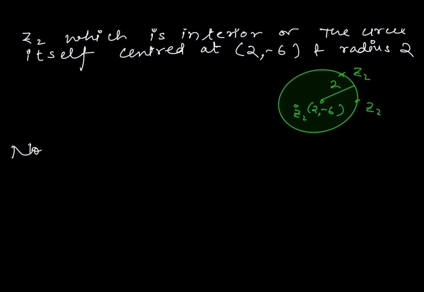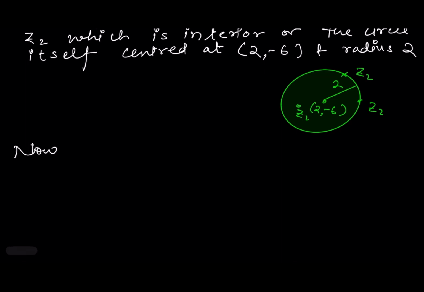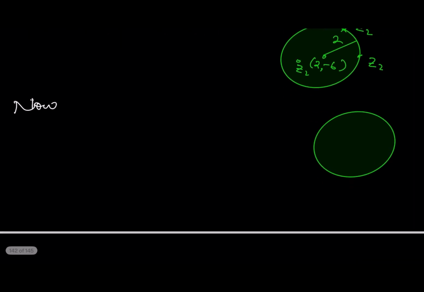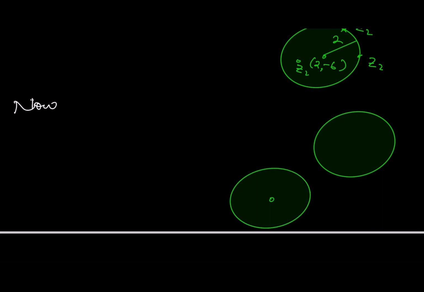Now let's say this is the locus for Z1 and this locus is for Z2, right? This is (2, minus 6) and this point is (8, 2). Z1 is moving on the above circle and Z2 is moving on the lower circle.